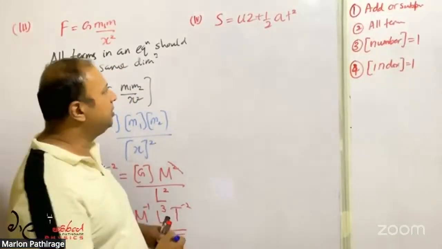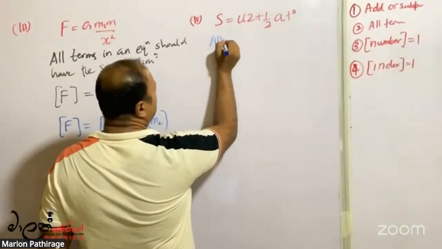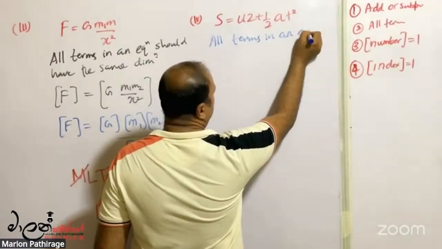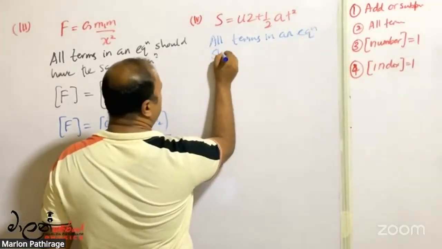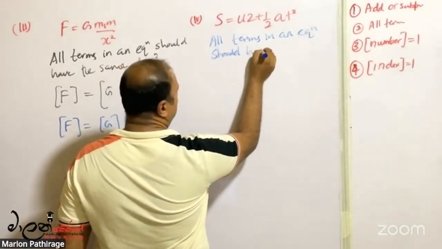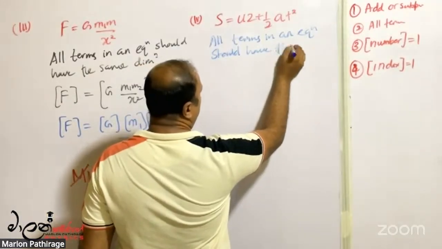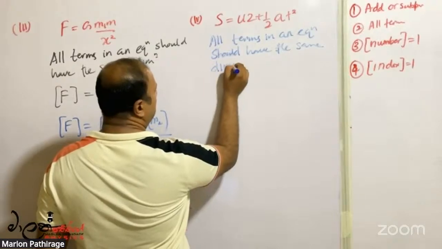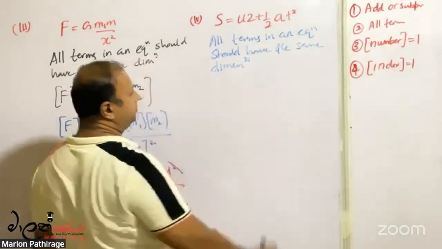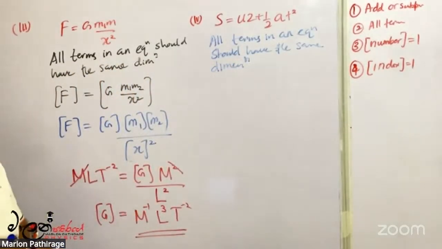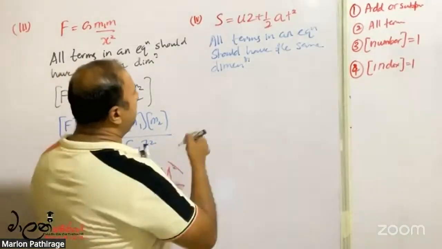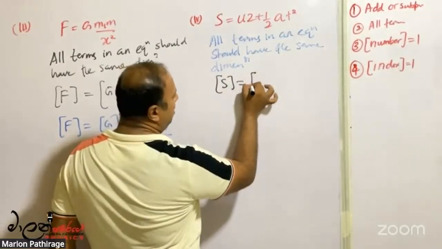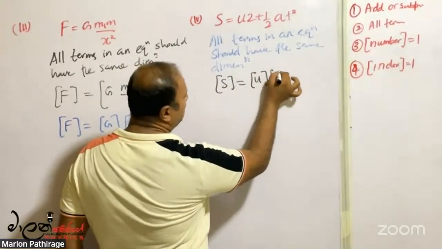Write that argument: all terms in an equation should have the same dimension. Therefore, dimension of S is equal to dimension of U into dimension of Z.